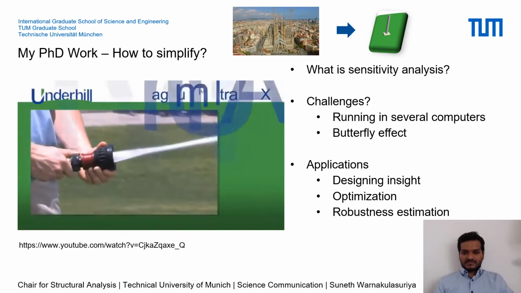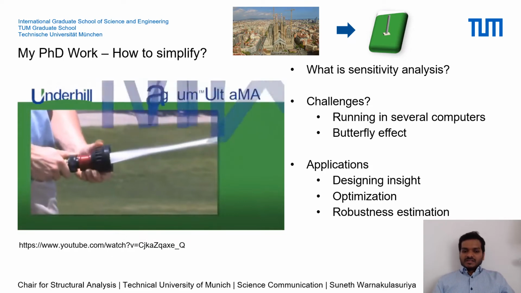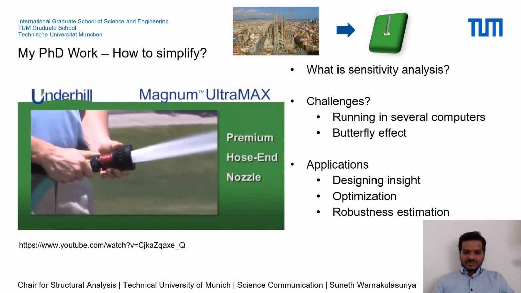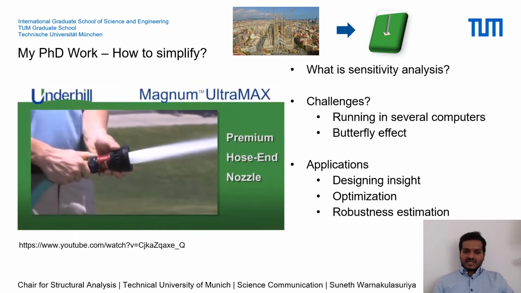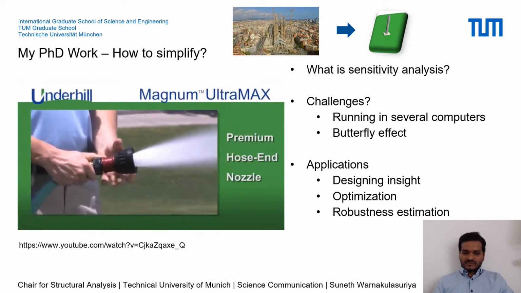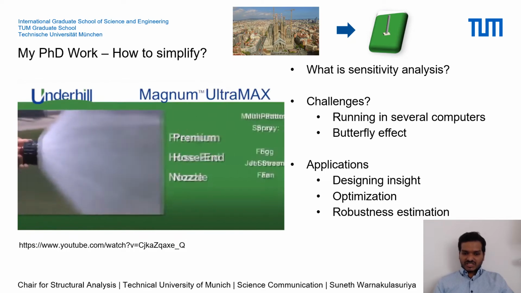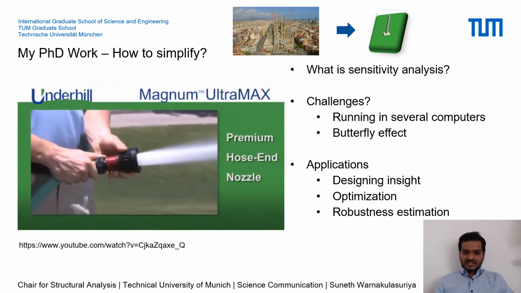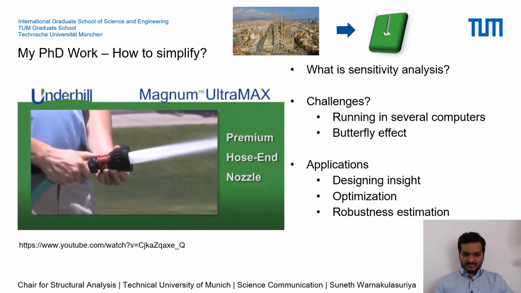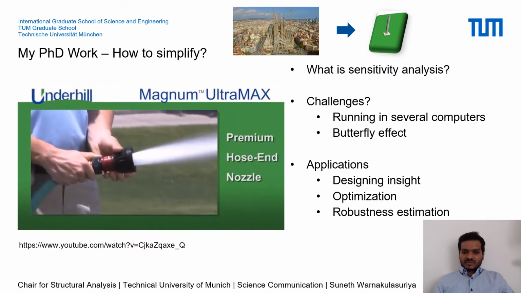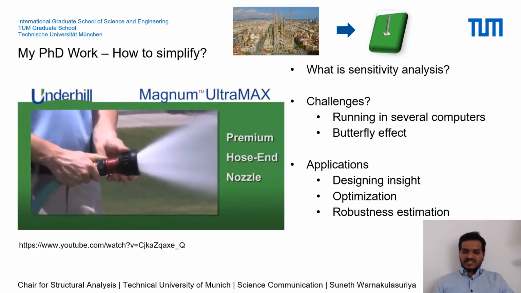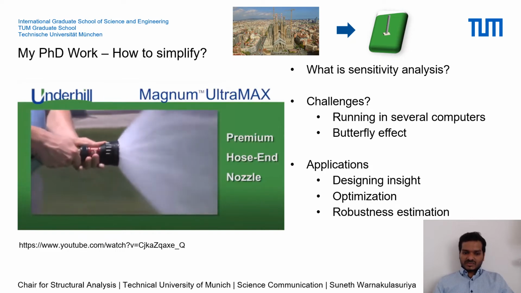How to simplify. So in the leftmost video, you can see a man having water flow through a nozzle. As you can see, when he changes the nozzle, rotates it, the flow changes. That means the flow is sensitive towards changes in this rotation.